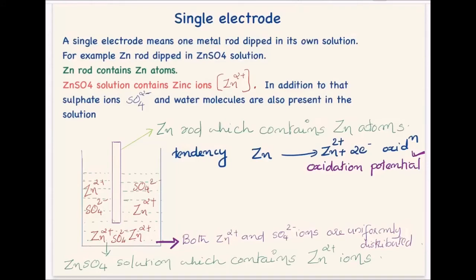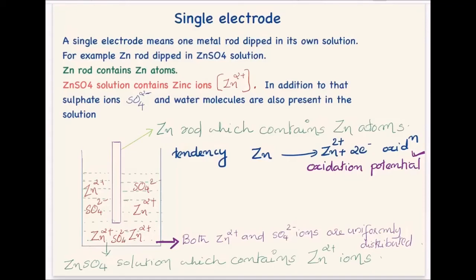Tendency of giving money, that is not an event, that is not a process. So even though I have a tendency to donate, I can't donate. Same thing here. Here, zinc has a tendency to release electrons and become zinc ions and go into the solution. That potential is there, but it cannot undergo this reaction.